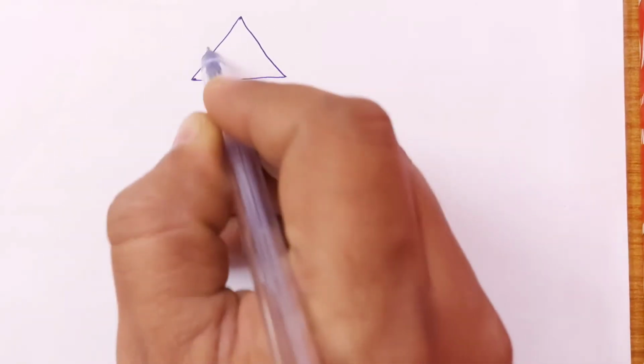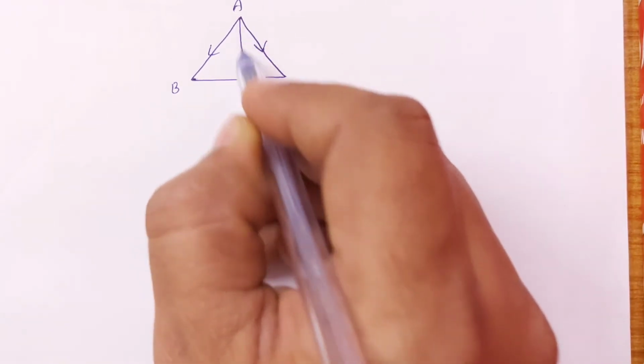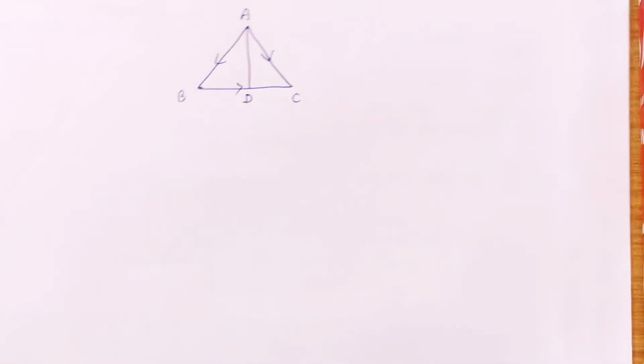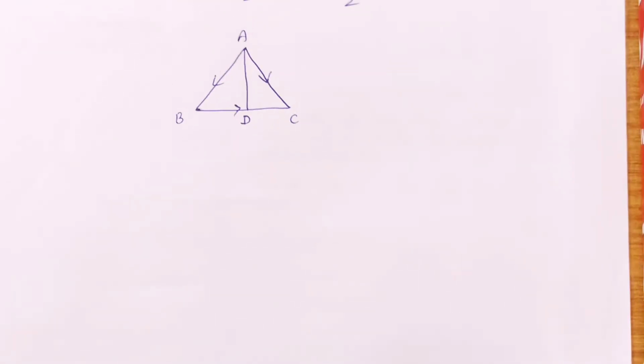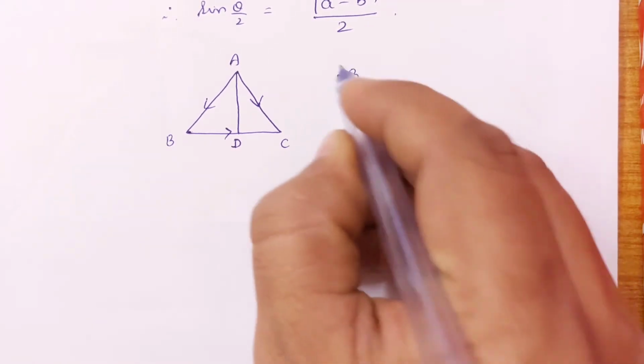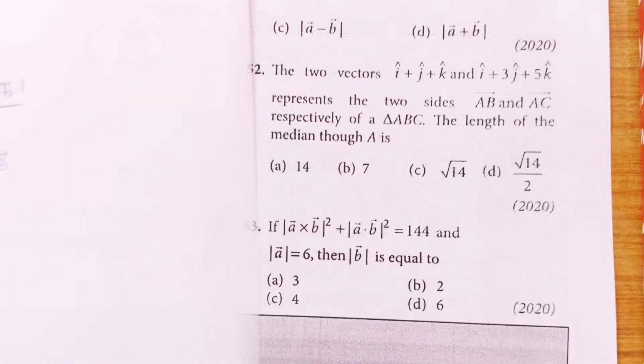Draw the triangle with vector AB, vector BC, vector AC. This is the median through point A. We know vector AB and vector AC are given.